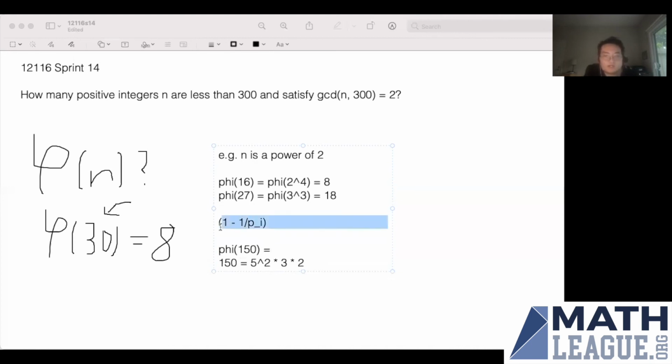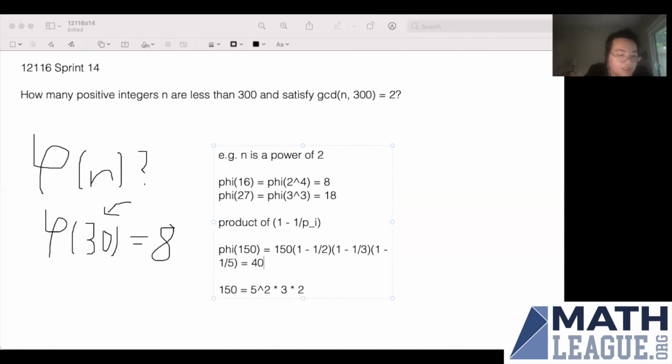Now, according to this, product of 1 minus 1 over p sub i. p sub 1 is 2, p sub 2 is 3, p sub 3 is 5. So we write 150 times 1 minus a half times 1 minus a third times 1 minus a fifth. And we can calculate that to be 75, 50, 40. So that's our answer. And hooray, we're done.